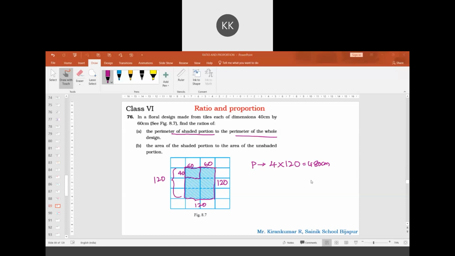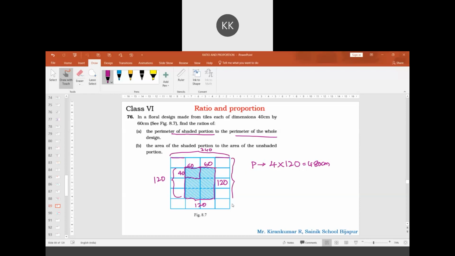Whole design means we have to consider the complete thing. In that case, what will be the perimeter? This will be 60 again, plus 60. So total from here to here, it becomes 240.